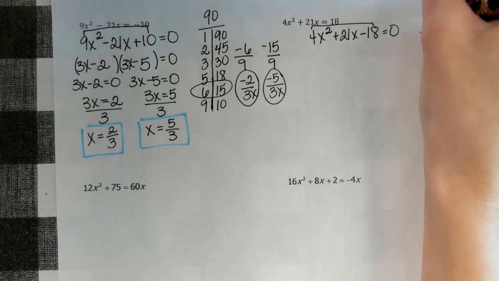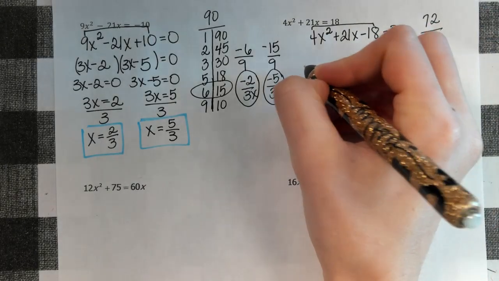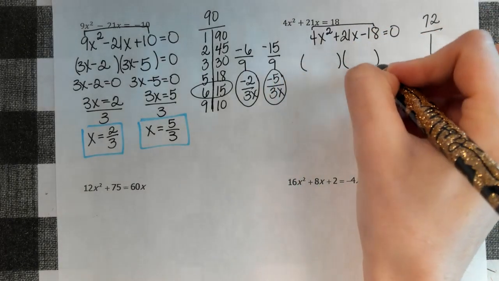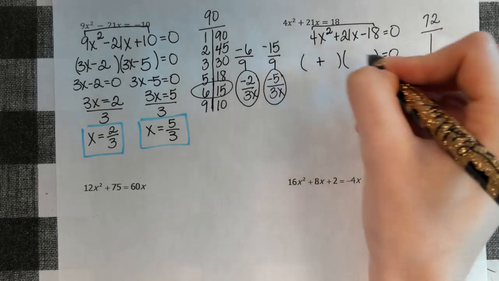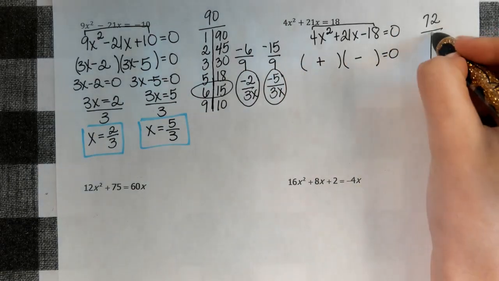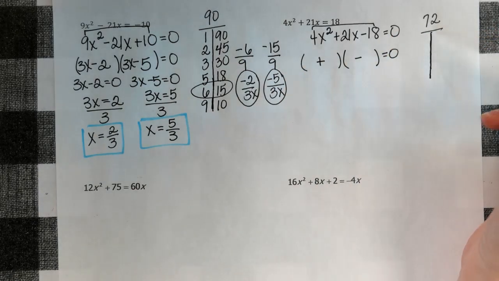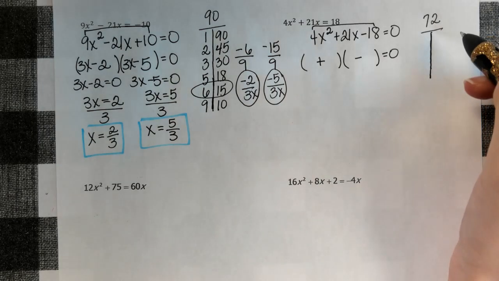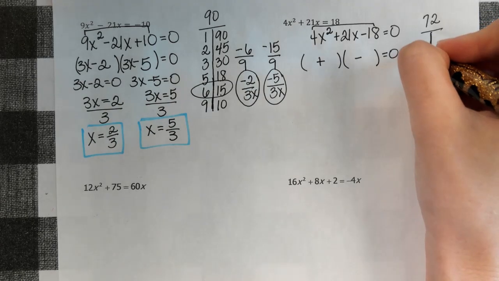Are they going to be the same or different signs? Okay. What factors of 72? Well, am I adding or subtracting? Subtracting. What factors of 72 subtract to give you 21? 3 and what?